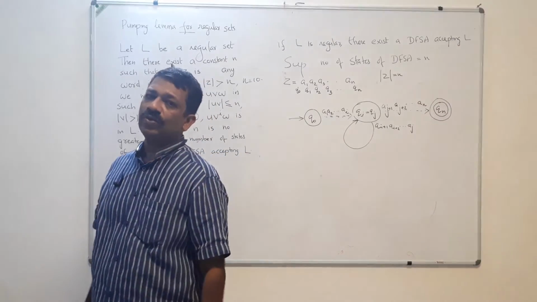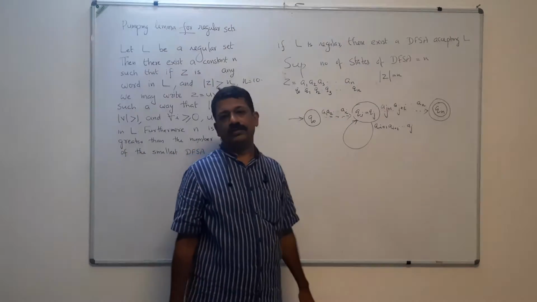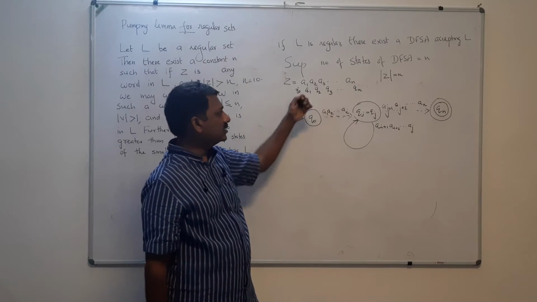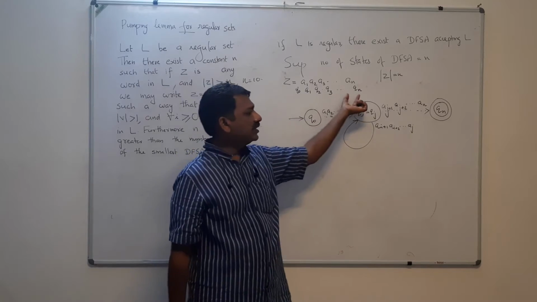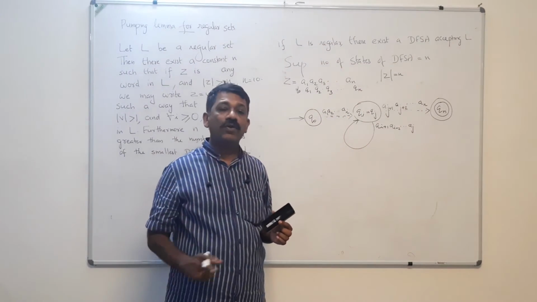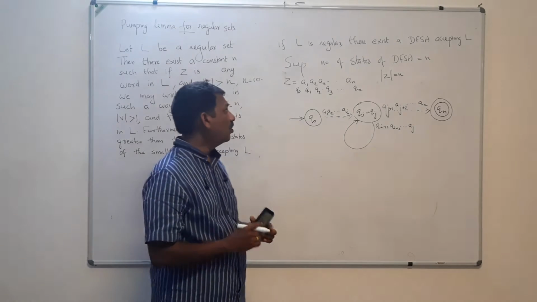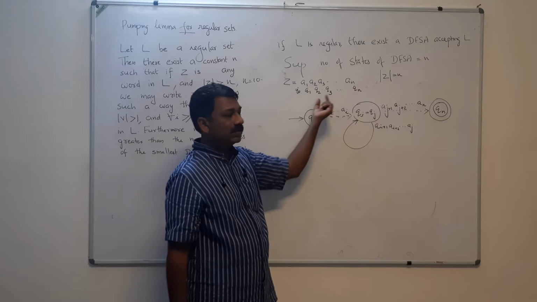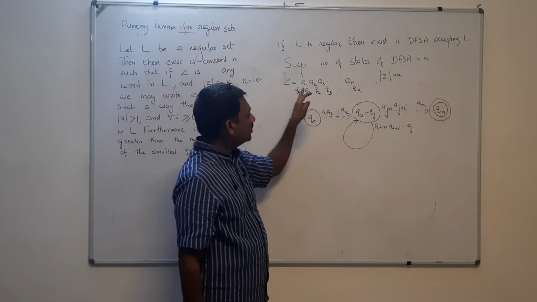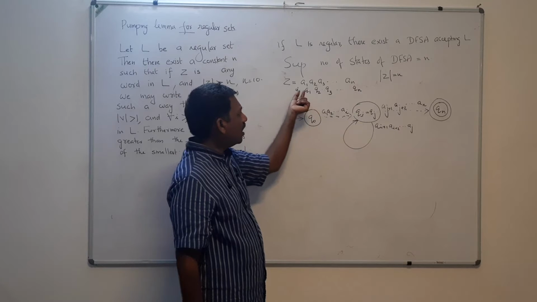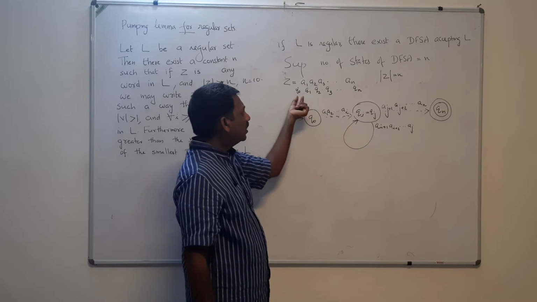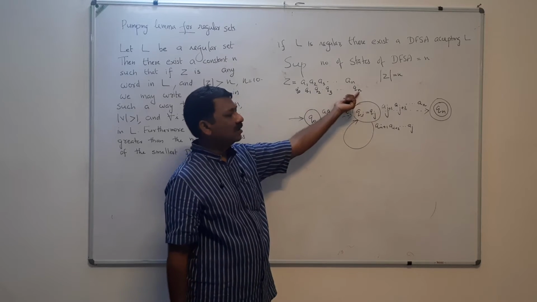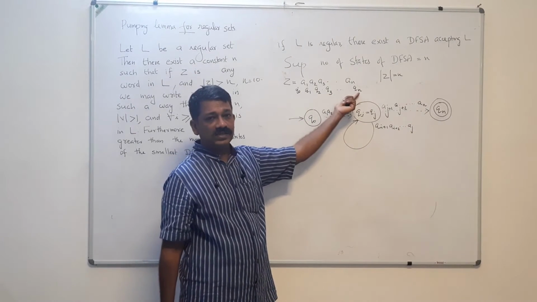Now you are counting the number of states through which your finite control has passed, after reading each and every input.